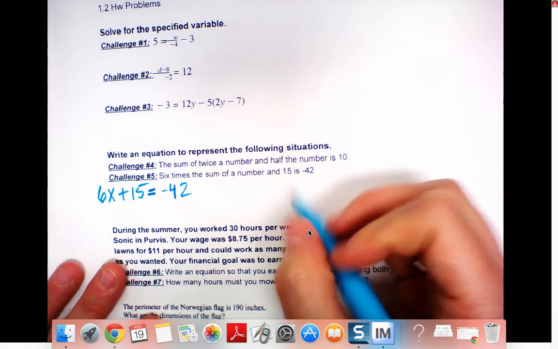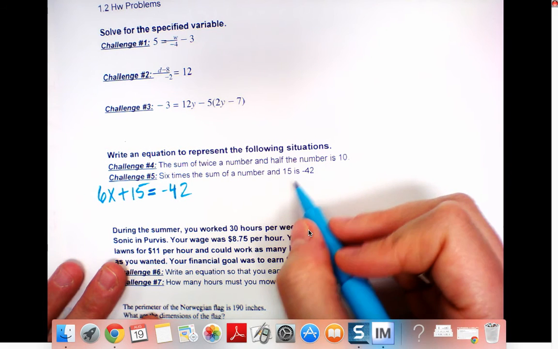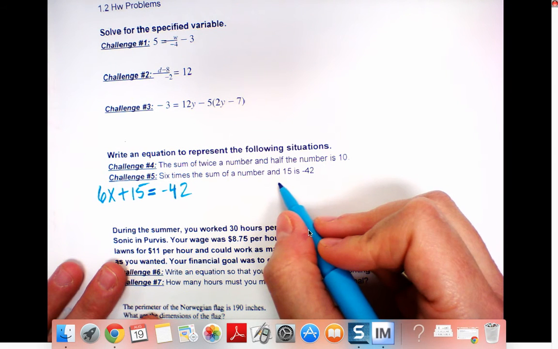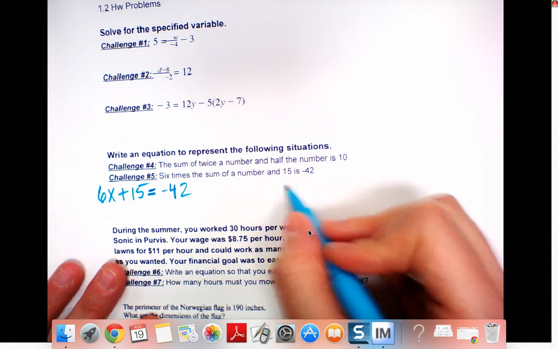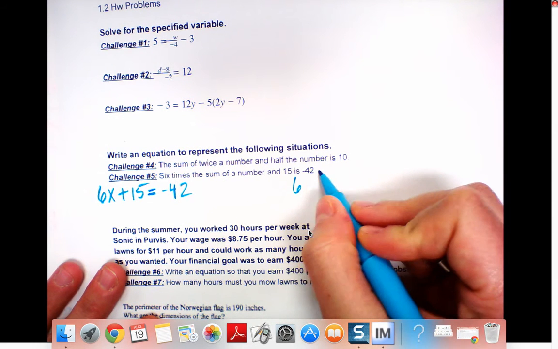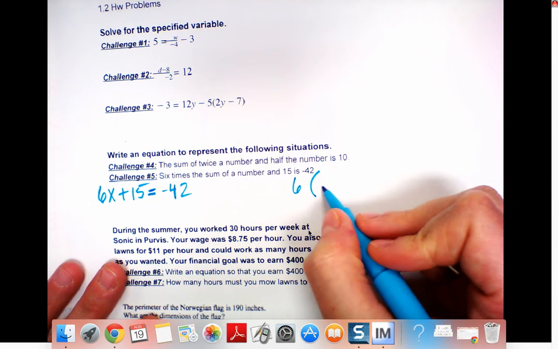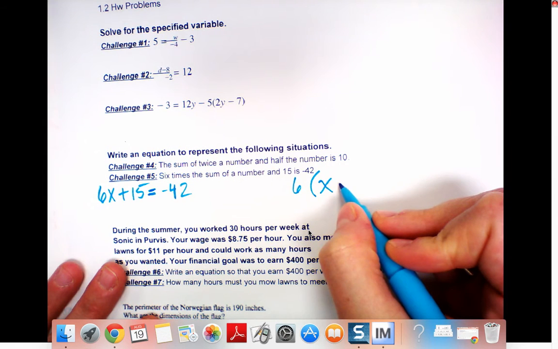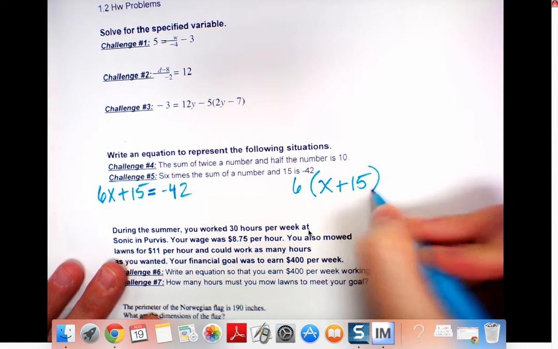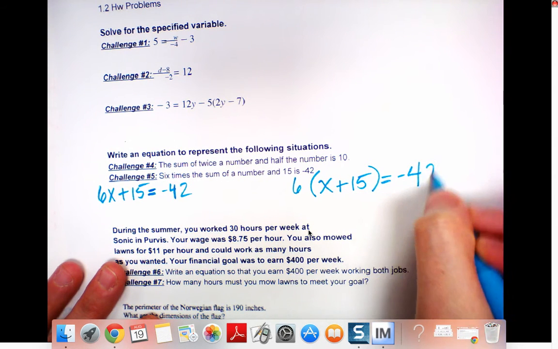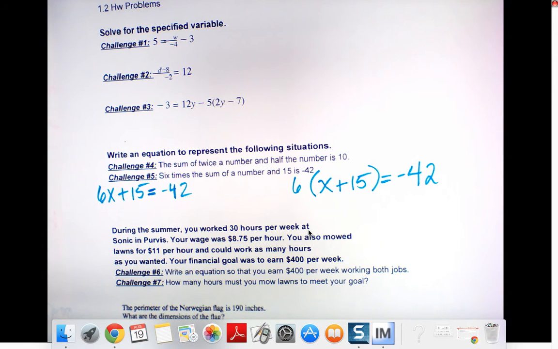So finally we agreed that the correct equation will be written like this. 6 times the sum of a number and 15 is negative 42. And one student put it this way.